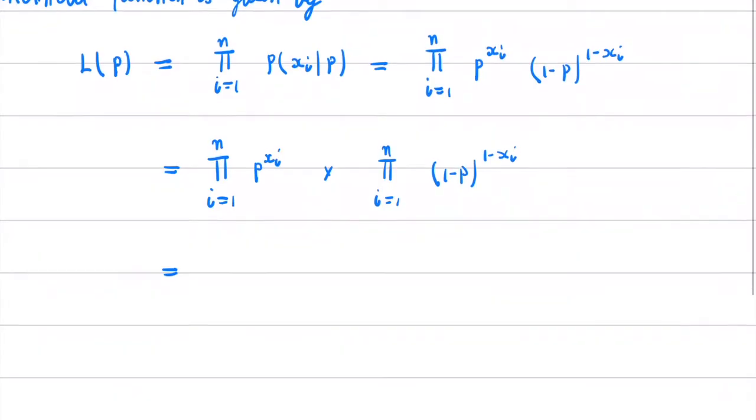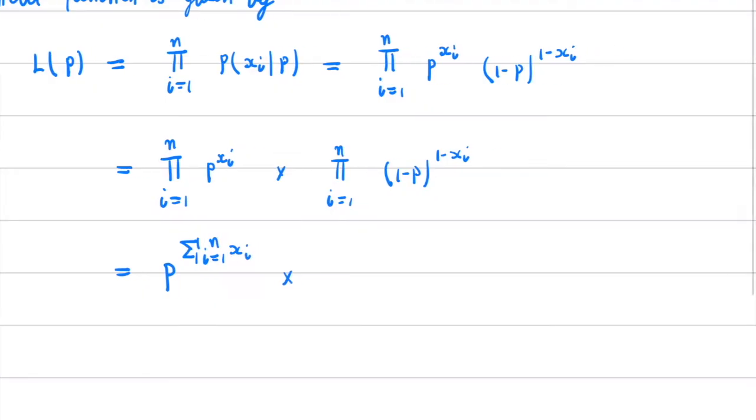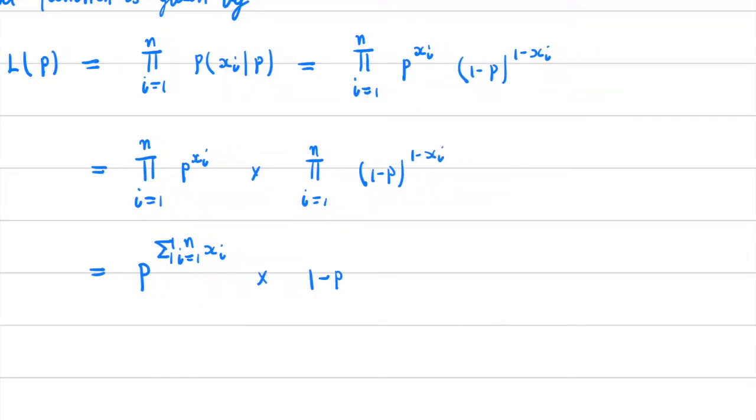So using our power laws, or our laws involving indices, we know that that actually becomes p to the sum from i equals 1 to n of xi, and in the same fashion, this half becomes the sum from i equals 1 to n of 1 minus xi on this side.